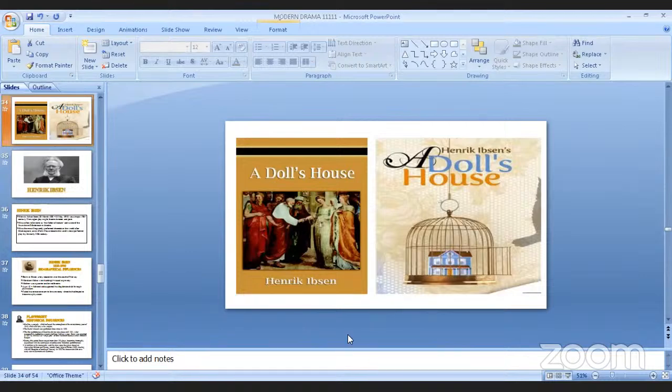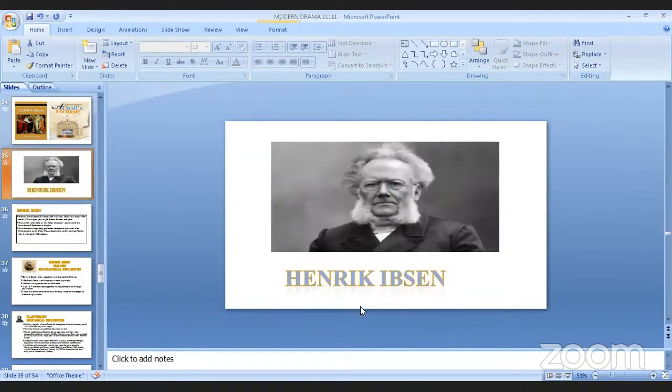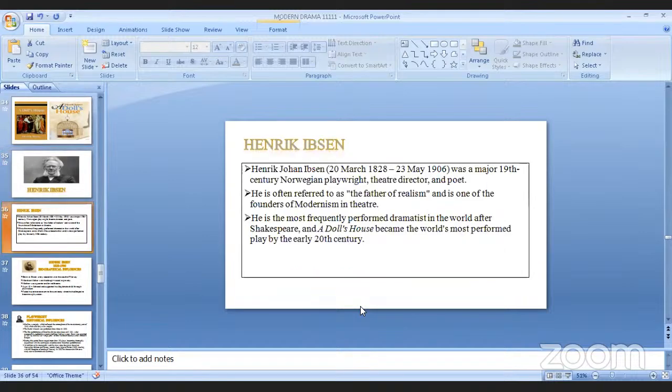Now, next, moving on to another important play of this module is A Doll's House by Henrik Ibsen. Henrik Johan Ibsen, born on March 20th, 1828, and died on 23rd May 1906, was a major 19th century Norwegian playwright, theatre director, and poet.